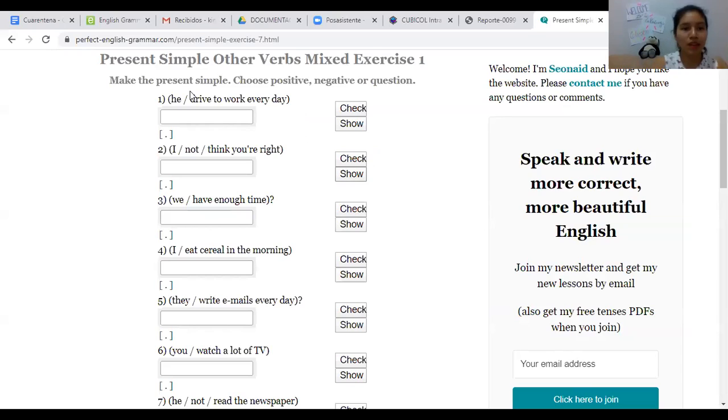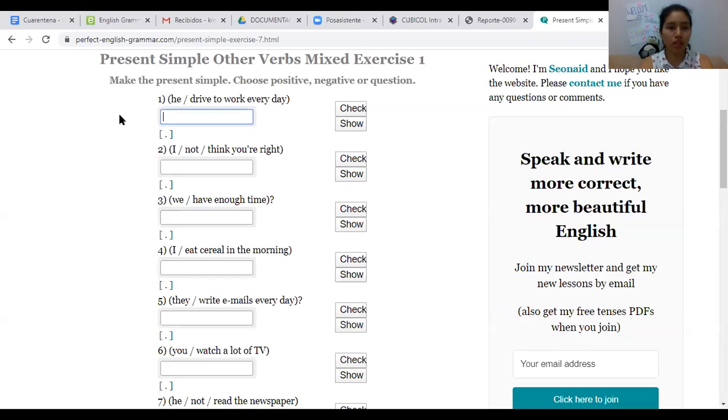For example, present simple other verbs mixed exercise 1. Make the present simple, choose positive, negative, or question, like we have seen already. So, for example, here is: he drives to work every day.